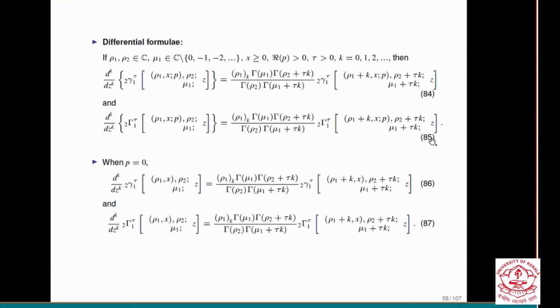So here there are two types of this incomplete gamma function, so you can use this one. This is 84 and 85. When we put p equal to 0, then this becomes equation number 86, as well as 87.